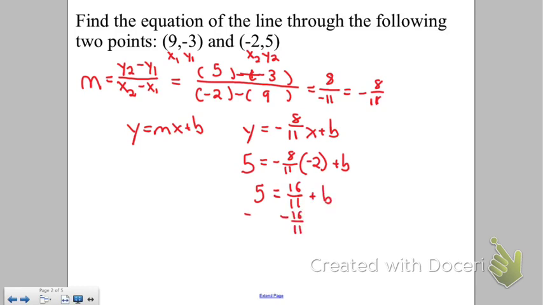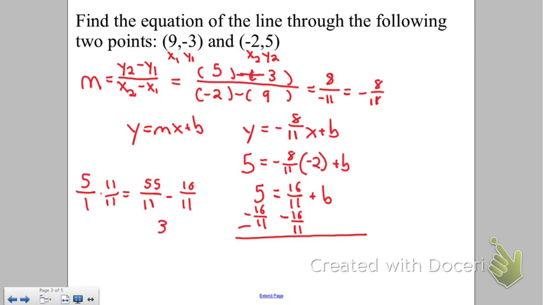I can subtract 16 over 11 from both sides. 5 minus 16 over 11, I can turn that into 5 over 1 multiplied by 11 in the numerator and denominator. 55 over 11 minus 16 over 11. 55 minus 16 gives me 39 over 11.